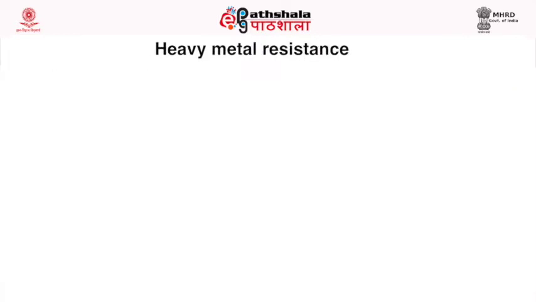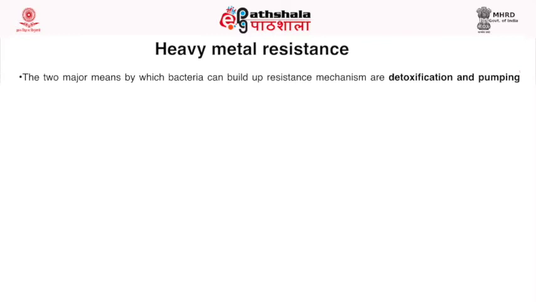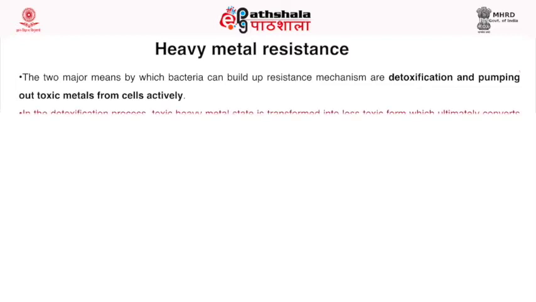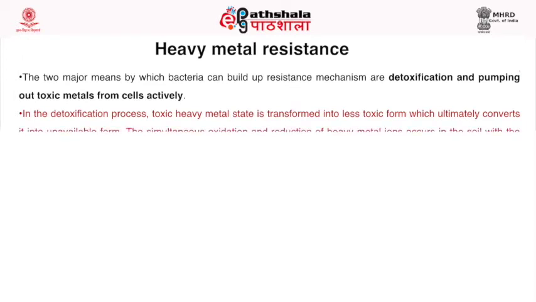Heavy metal resistance: the two major means by which bacteria can build up resistance mechanisms are detoxification and selectively pumping out toxic metals. In the detoxification process, the toxic heavy metal state is transformed into a less toxic form, which ultimately converts it into an unavailable form.